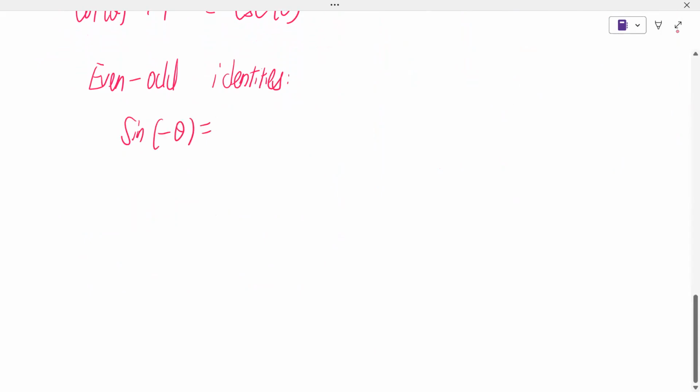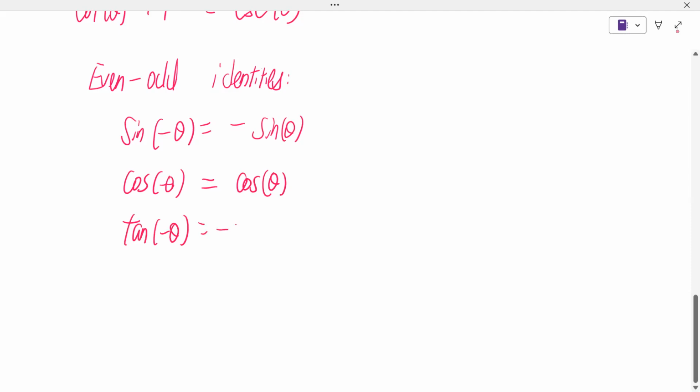Basically, sine is an odd function, so it's equal to minus sine theta. And then cosine is an even function. Cosine negative theta equal to cosine theta. And then tangent is an odd function. Tangent negative theta equal to negative tangent theta.